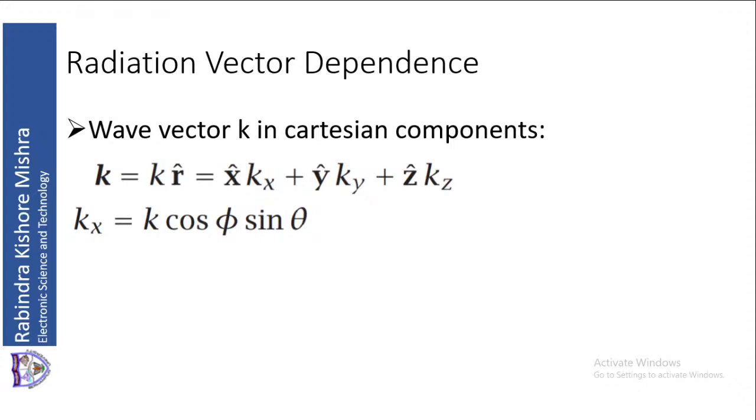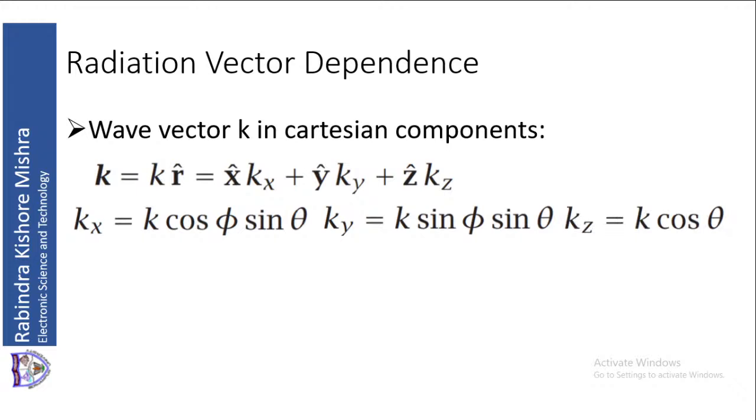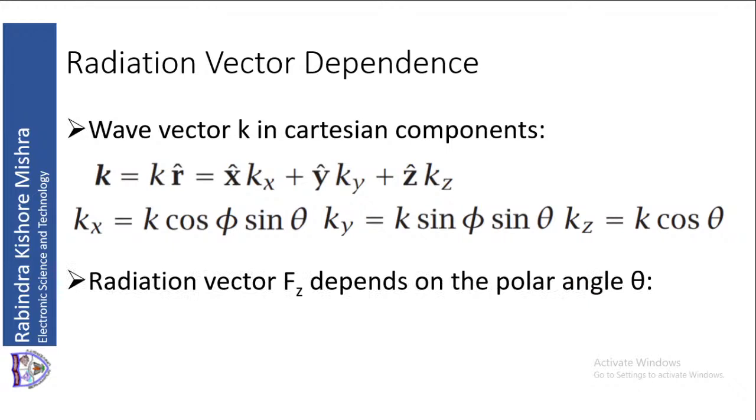Now what is kx, ky, kz in this case? As we have already seen when we discussed plane waves, kx is equal to k cos phi sin theta, ky is equal to k sin phi sin theta, and kz is equal to k cos theta. In our integration, we are not using kx or ky. We are using only kz, which is equal to k cos theta.